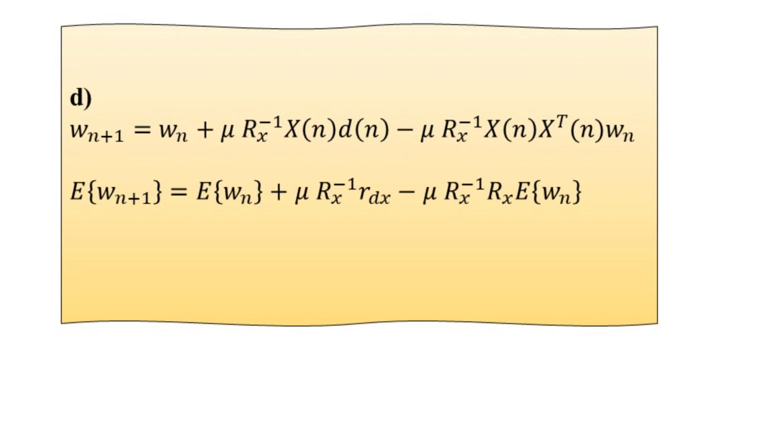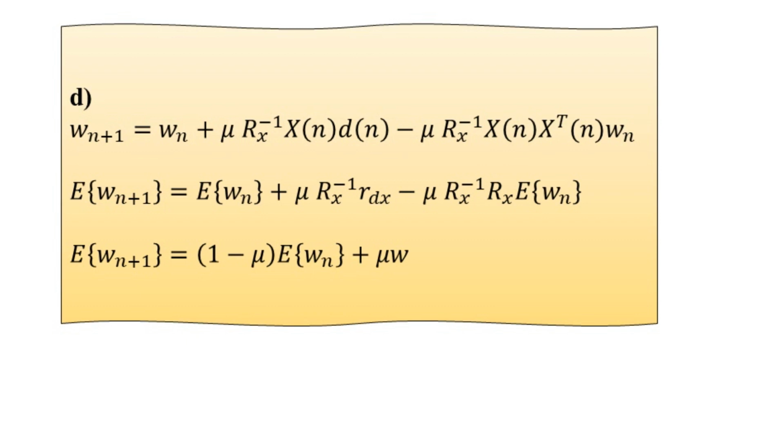So finally it takes the form: the expected value of w of n plus 1 equals 1 minus mu multiplied by the expected value of w of n, further added by mu multiplied by w.